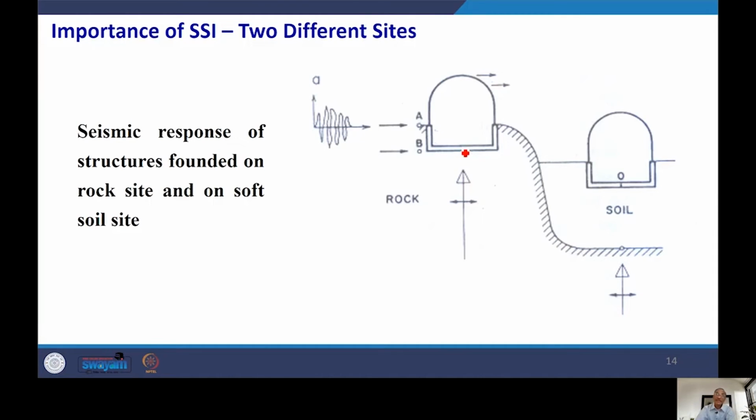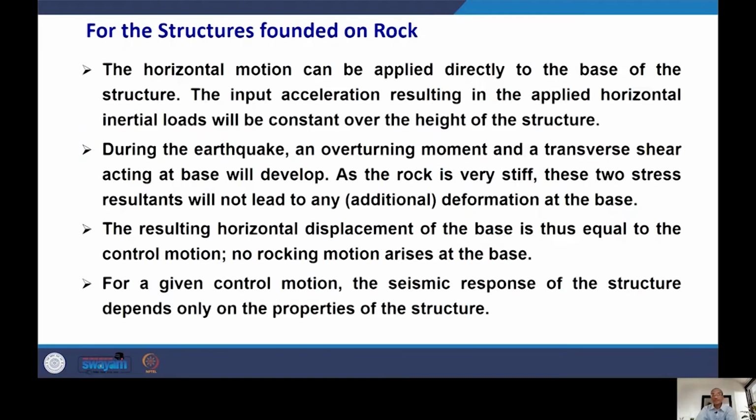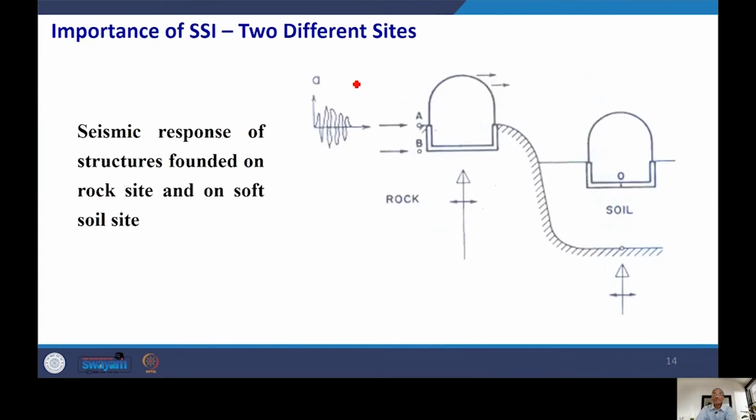Once you do this, whatever applied horizontal acceleration you have will be constant over the height of the structure. You could see in this case, even at the height of the structure, you have these two arrows, and the size of both arrows is more or less the same.